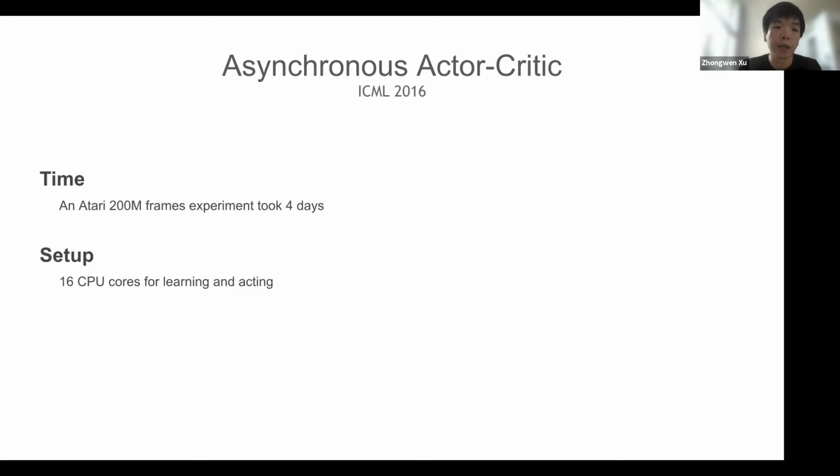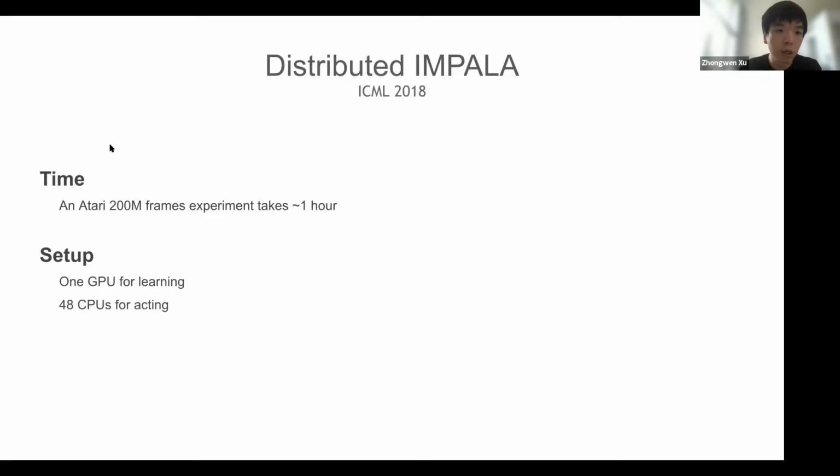In many existing supercomputing clusters, there are a bunch of CPUs. Also in big companies, there are many CPUs. So people can leverage huge CPU resources to train the reinforcement learning agent. But that's not fast enough.